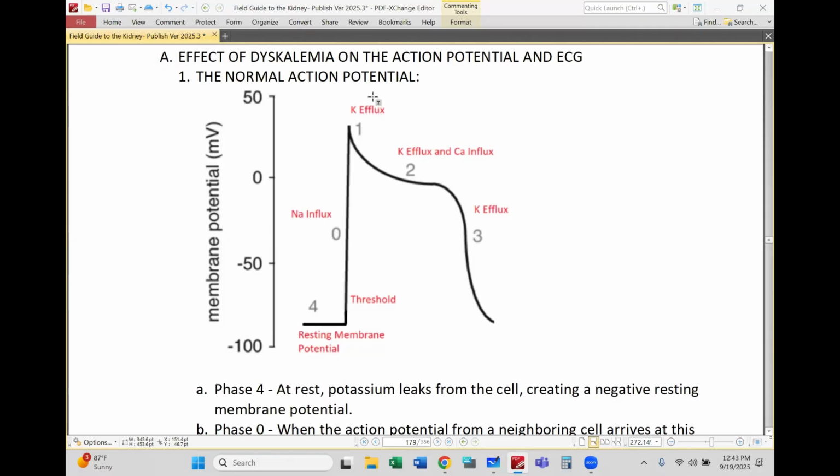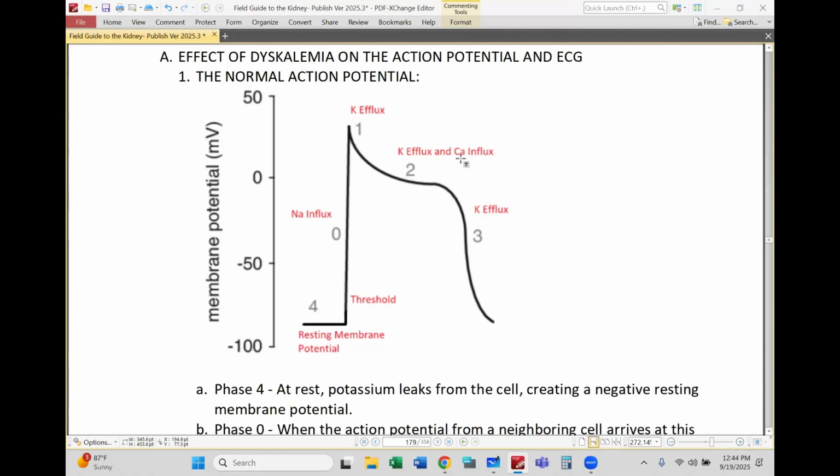Now more K channels open and sodium channels close in order to shift this downward again. That's this K efflux. Phase one of the action potential is the loss of more K from the ICF to the ECF. So I'm flipping it back down.